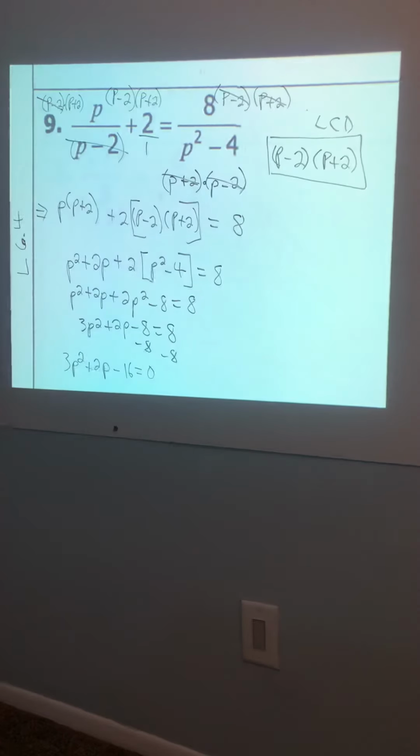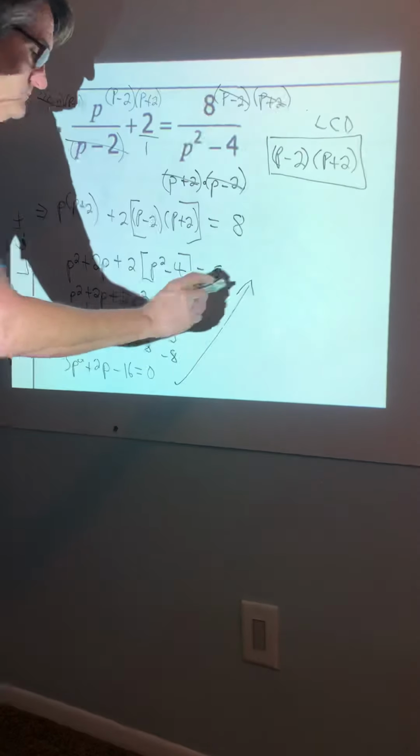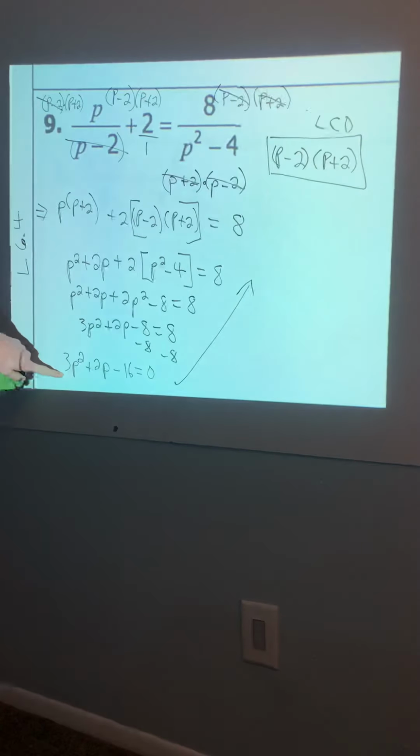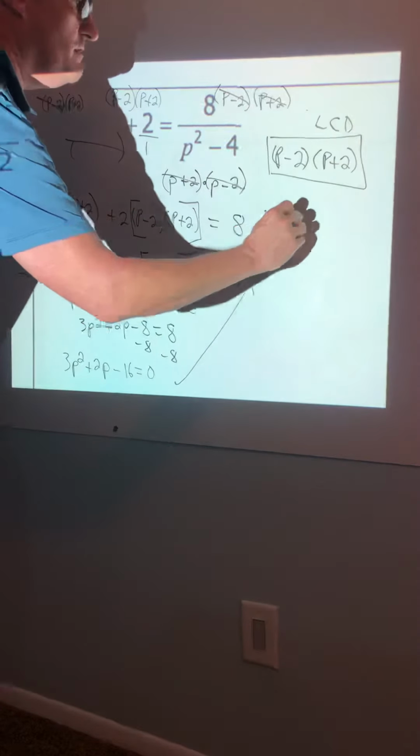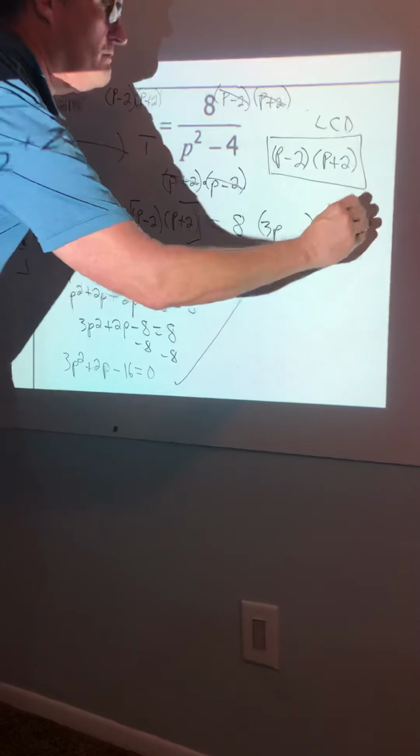All right, and now we're going to try to solve this, and we're going to see if this baby will factor, okay? So let's try factoring this. And the problem is this 3 here is going to cause us to have a little bit of stress. So let's just try it. I'm going to have 3p here, and I'm going to have p over here.